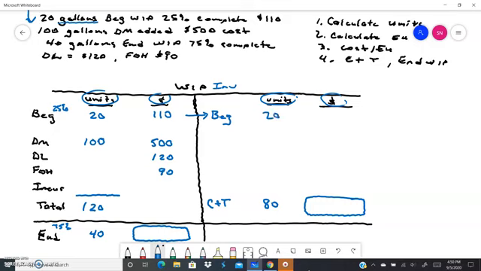In fact, they're the first ones that are done. So we've got at least 20 units, and we know that we at least have $110 of cost that's being transferred out as well.